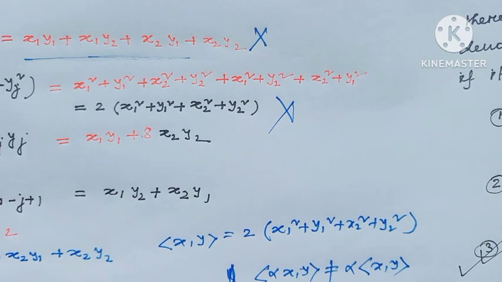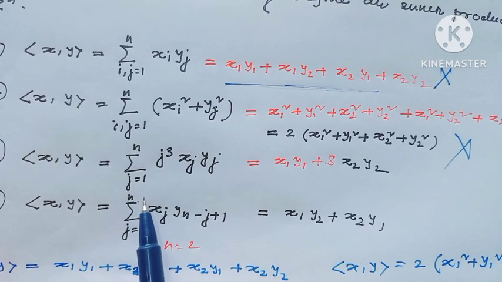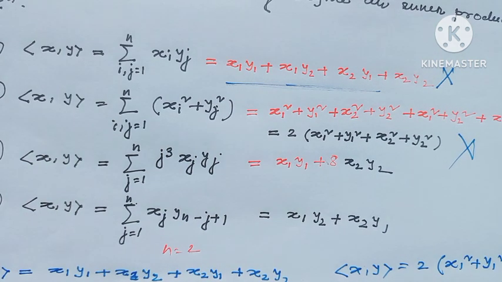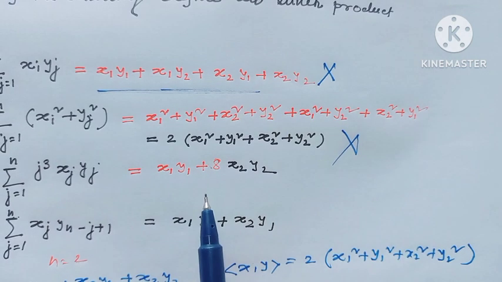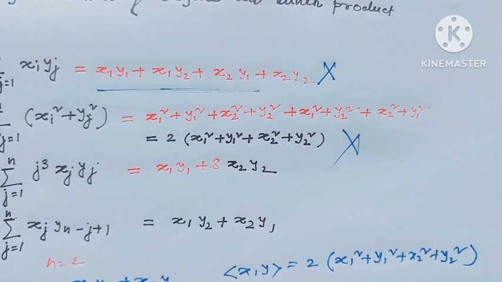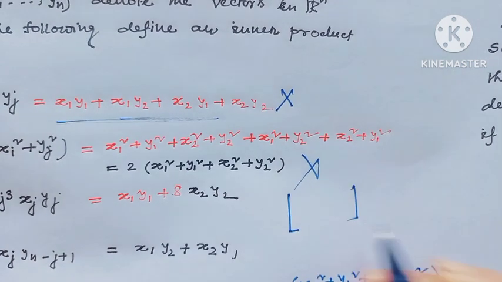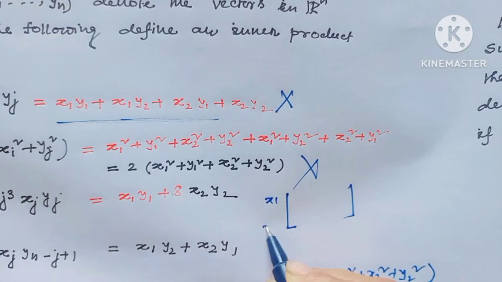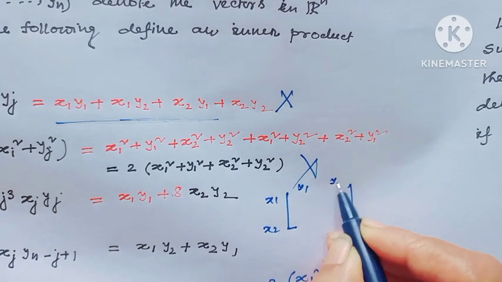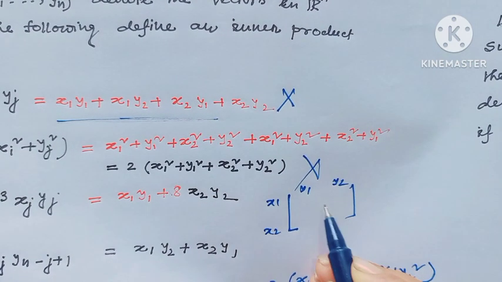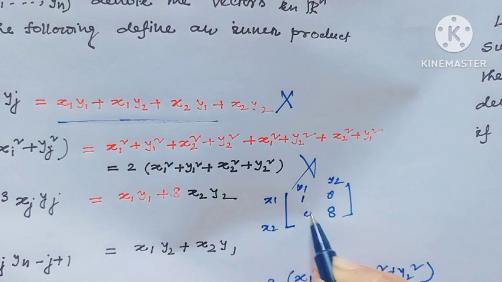Third example, inner product xy equal to summation j equal to 1 to n of j cube xj yj. This means we can write it as x1 y1 plus 8 x2 y2, which with us also has a matrix representation, x1 x2, here y1 y2, and the matrix representation would be of the type 1 0, 0 8.